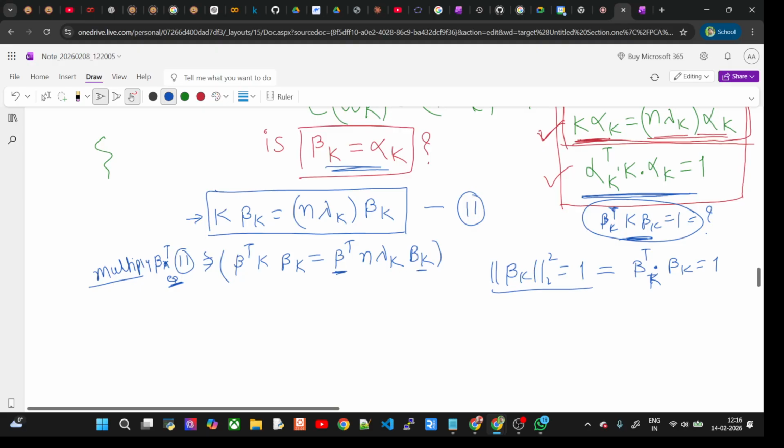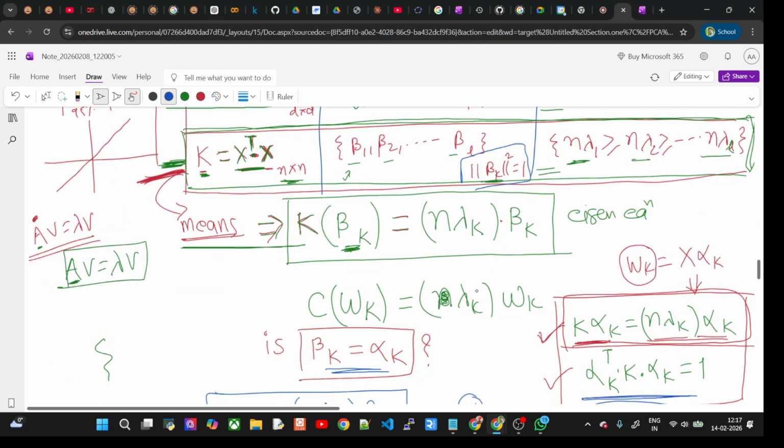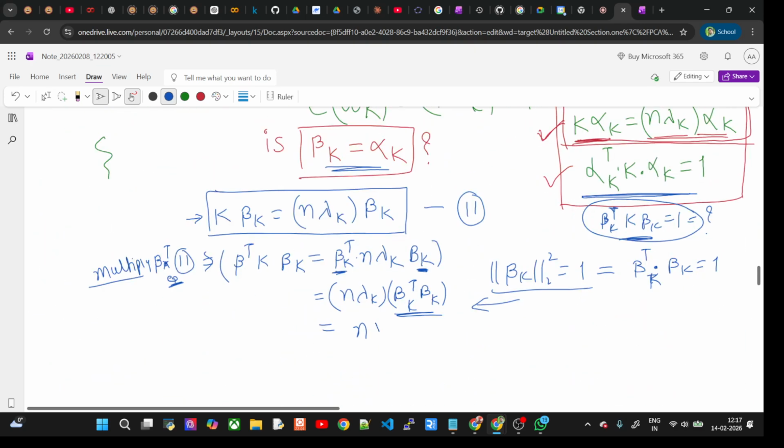So if I just rearrange these two values, n lambda k beta k transpose beta k, this is 1, because we put the condition here that the length of beta k squared should be 1. That's why it is coming as beta k transpose K into beta k equal to n lambda k.